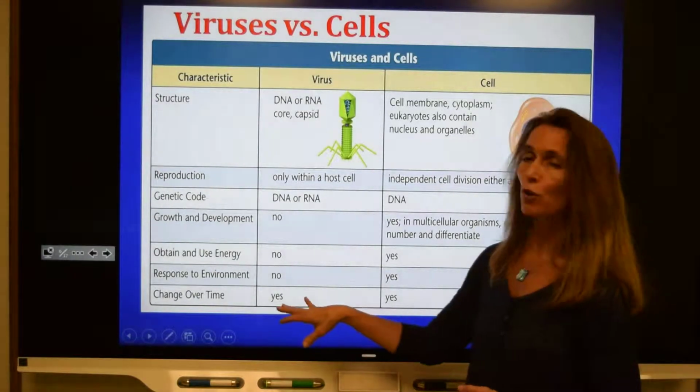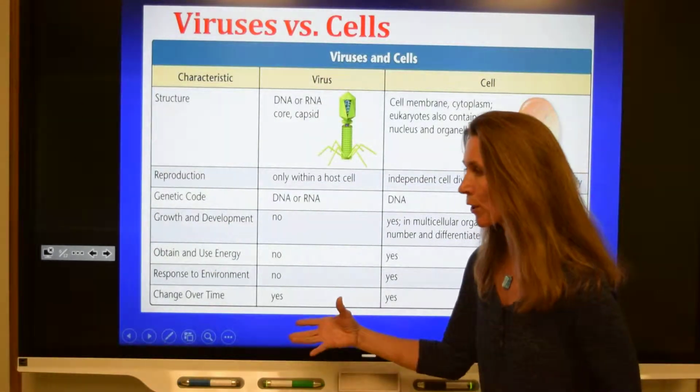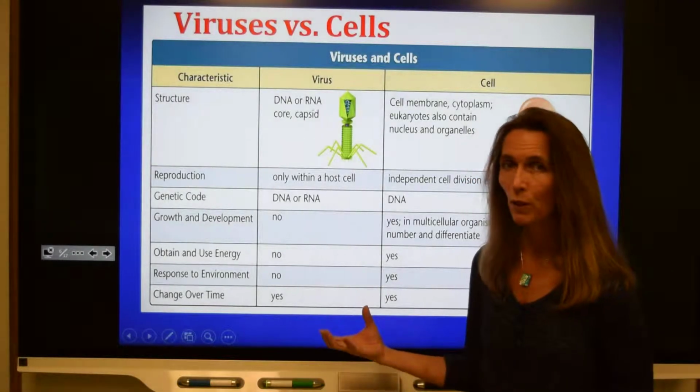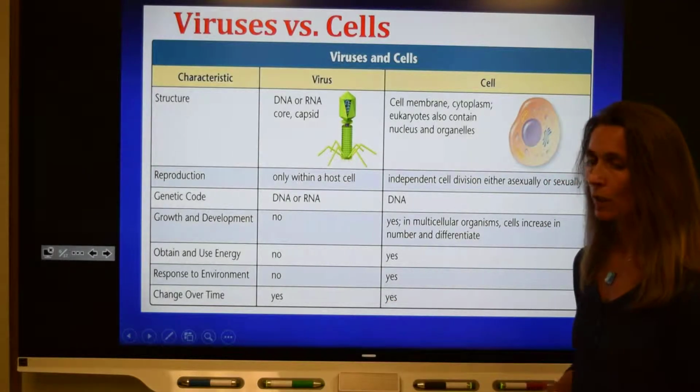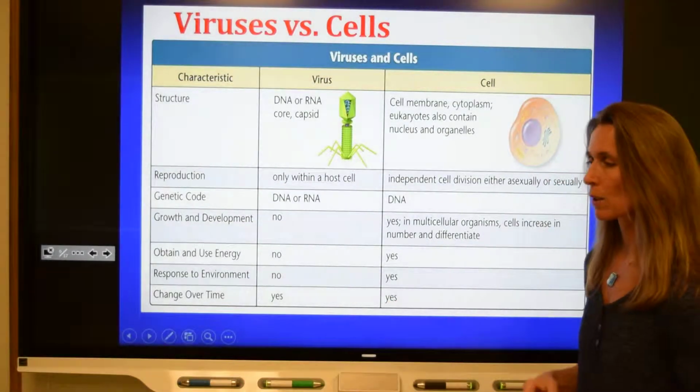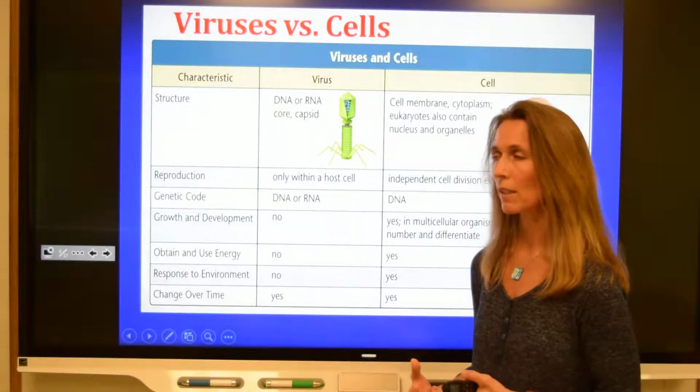And then, do they change over time? And that's the unfortunate thing with viruses from a medical point of view. Yes, they do change over time. So do eukaryotic and prokaryotic organisms, as we've talked about with regard to biodiversity.